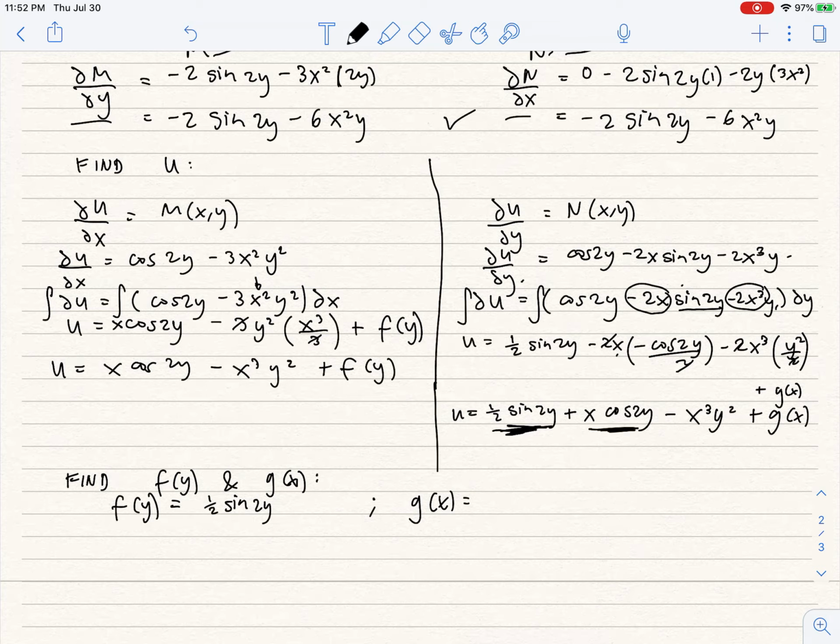Kani na ba ni kapareha diri sa u, so kanina so cancel out. Kani na ba ni kani na ba kapareha diri sa u, so kani yang kapareha, so cancel out. So since wala nabilin, pasabot ana, wala nabilin na dili pareha, pasabot ana ang value sa tong g of x is just 0. Ba kumbaga na-cancel out tanan, so ang nabilin 0 na lang.